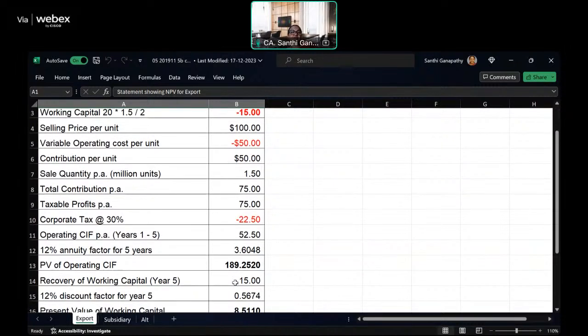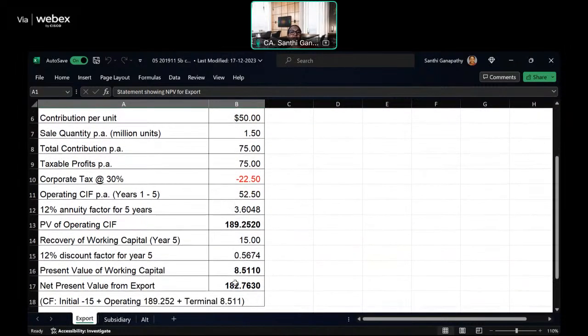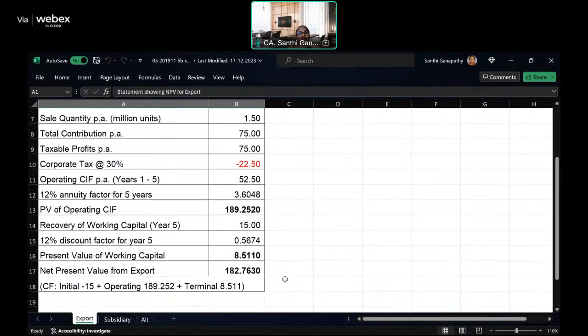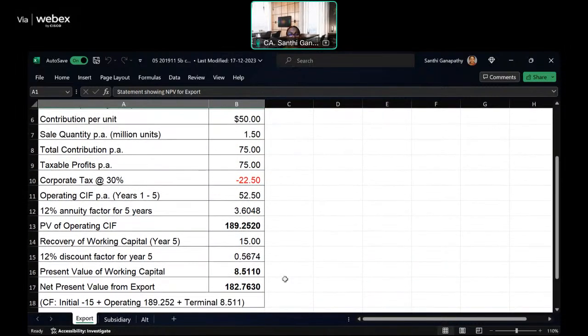Now, for the recovery of working capital, you have to apply the discount factor. Present value of working capital. What is the net present value from export? We have the initial cash outflow, operating cash inflow, and working capital inflow. What is the final effect? Net present value if you export. What is the position?